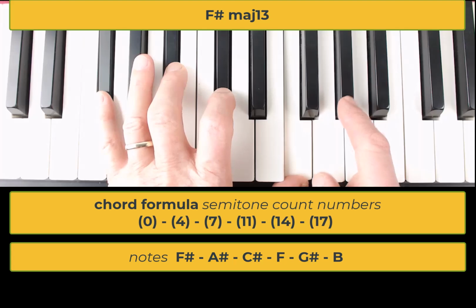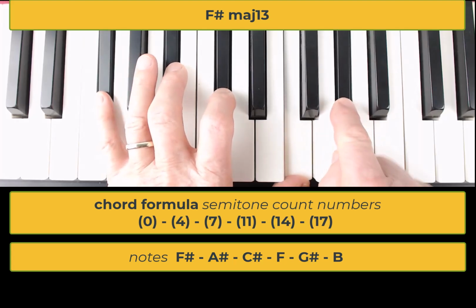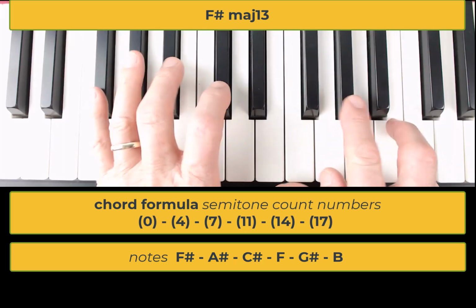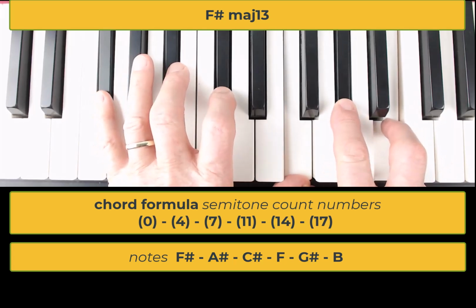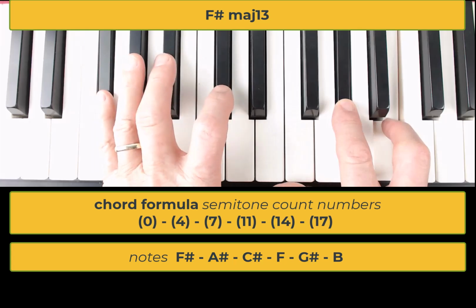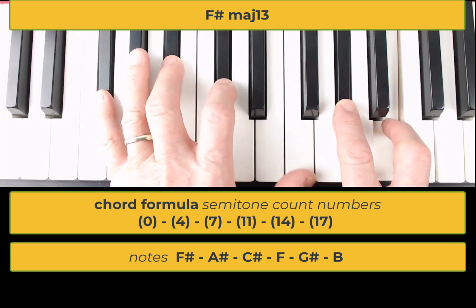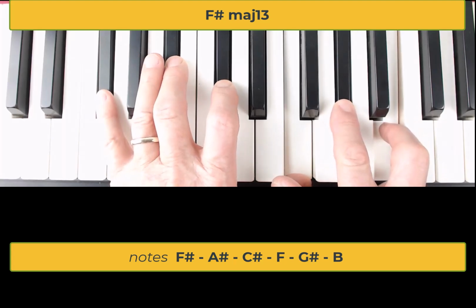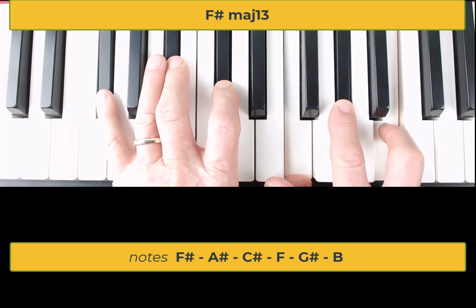So we're going from 11: 12, 13, 14, and then we're going to 17: 15, 16, 17. So the notes F sharp, A sharp, C sharp, F, G sharp, and B make up the F sharp major 13th chord, two-handed 6-note extended chord.